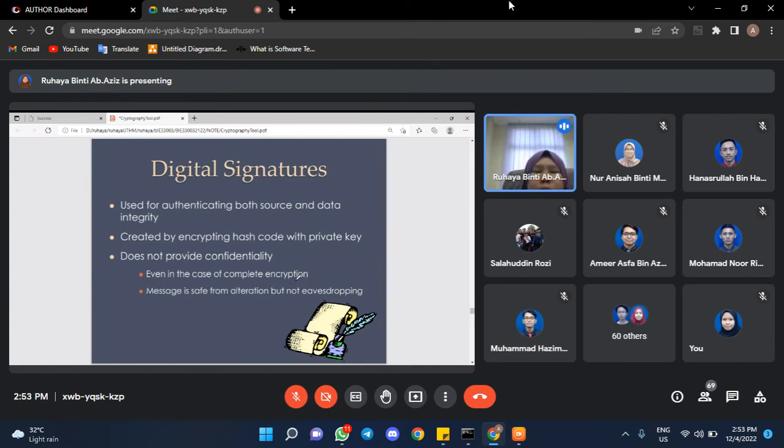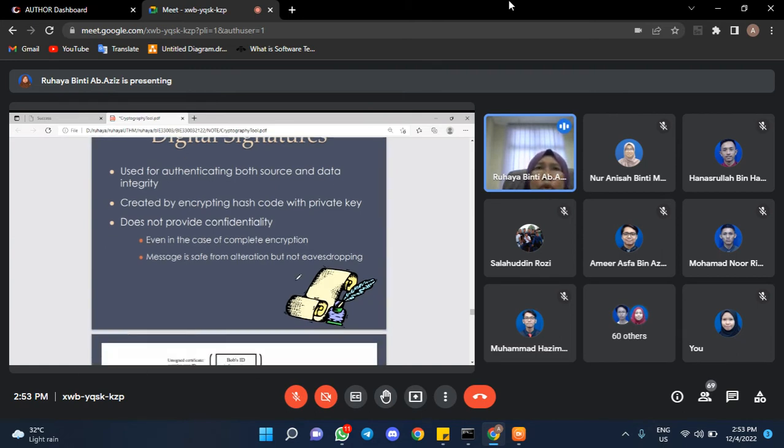Dia lebih kepada to authenticate, to ensure that we can actually know that message is from who, siapa yang hantar tadi tu, to authenticate the message. Even in the case of complete encryption, the message is safe from alteration but not eavesdropping.